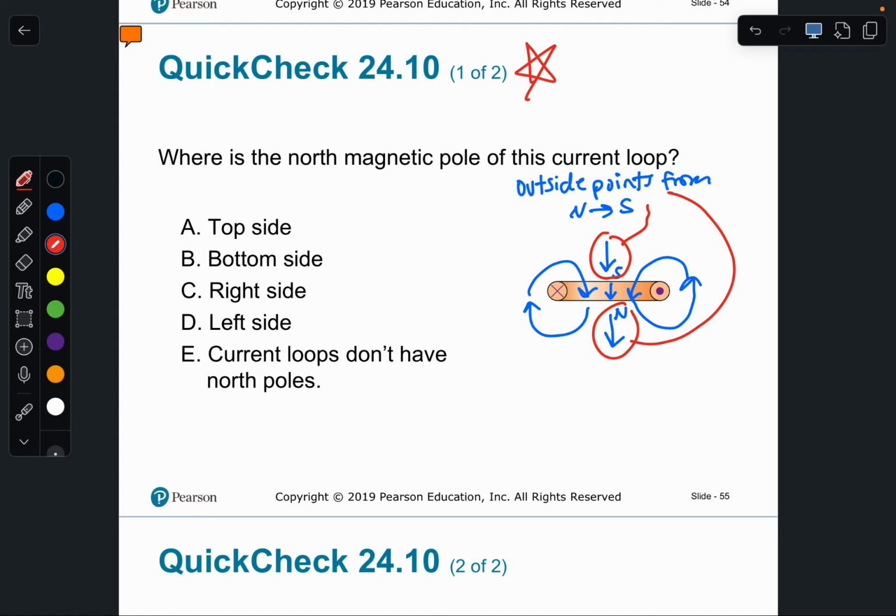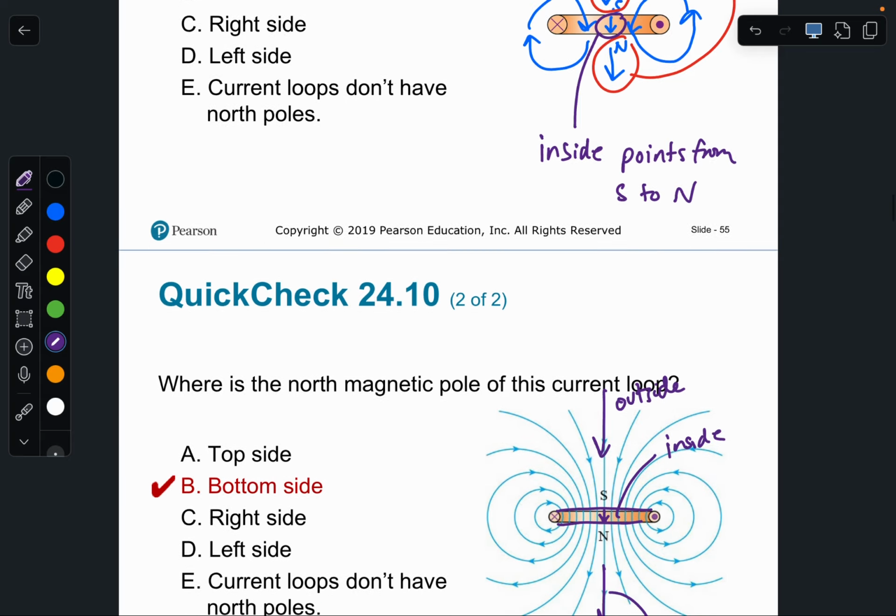Inside points from south to north. Okay, so now it makes sense why the south pole is on the top and the north pole is on the bottom.